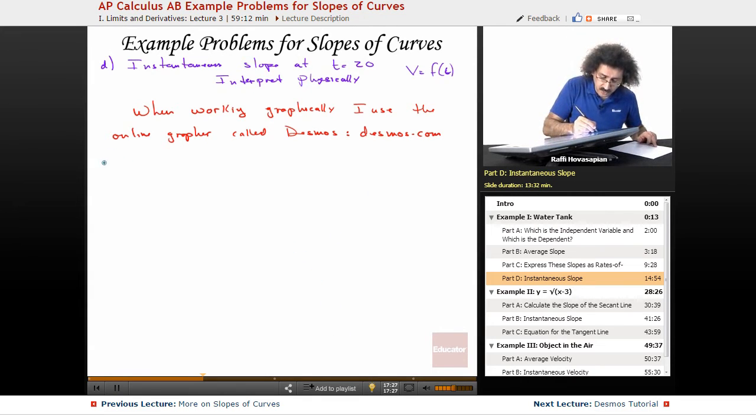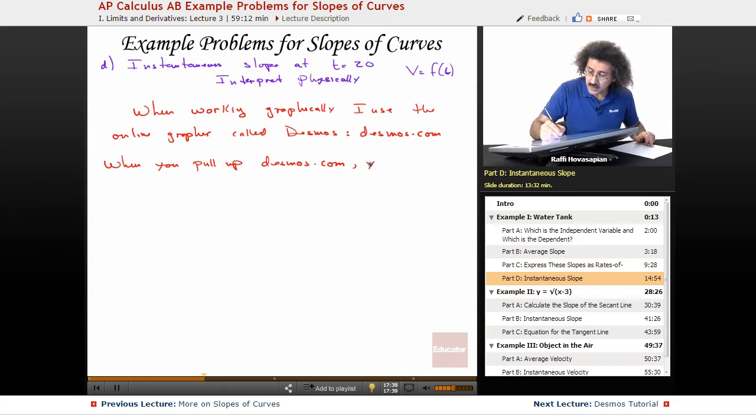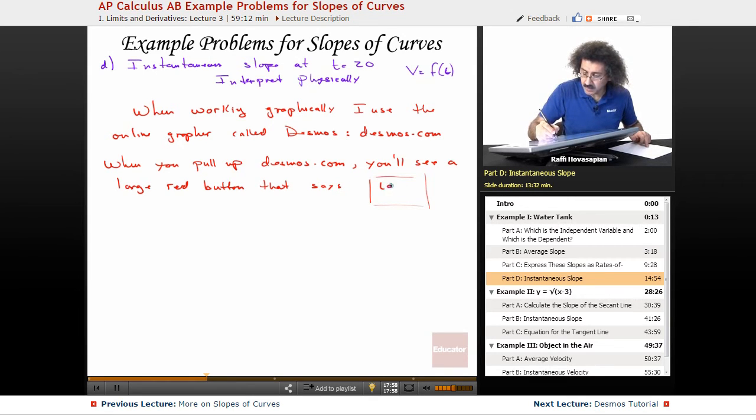So, when you pull up desmos.com, on the home page, you'll see a large red button that says Launch Calculator.